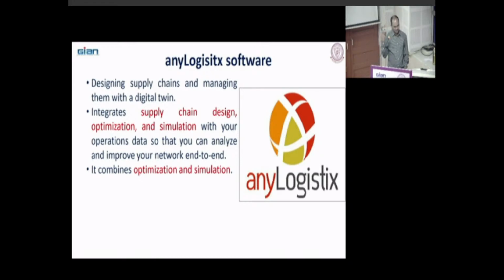I have used Stella, Arena, FlexSim, and so many other tools in the past. But AnyLogistix is basically an extension of AnyLogic. Does anybody know AnyLogic? AnyLogic is a tool for simulation purposes, discrete event. You can do only simulation there, while in AnyLogistix you can do optimization and simulation together.